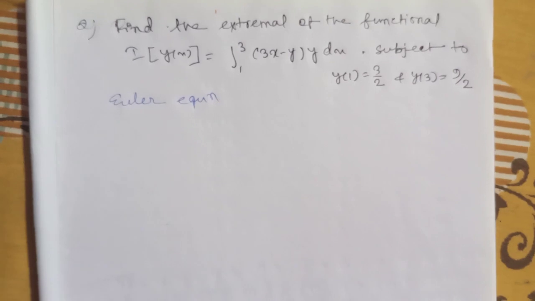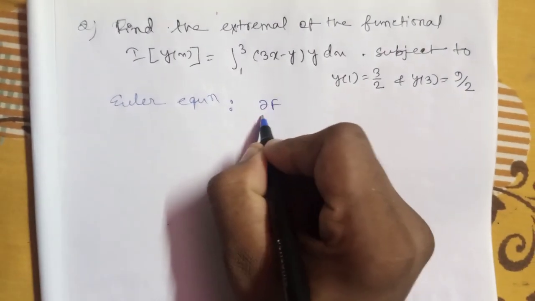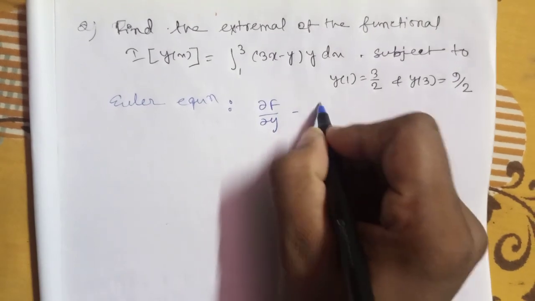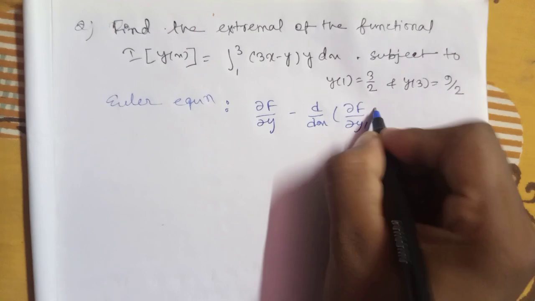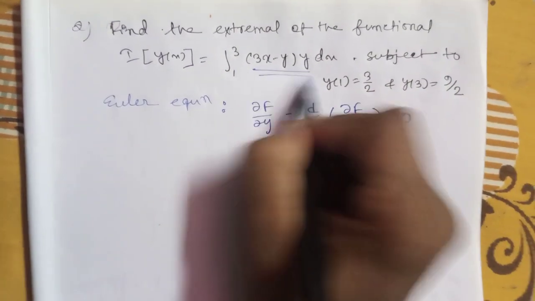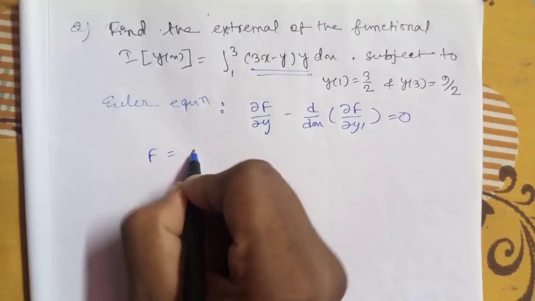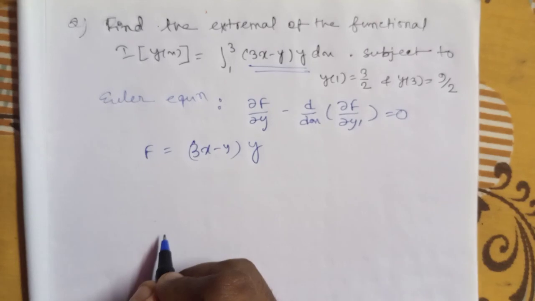So what is the Euler equation? del f by del y minus d/dx of del f by del y dash equal to 0. What is our f? f equal to (3x minus y) into y.